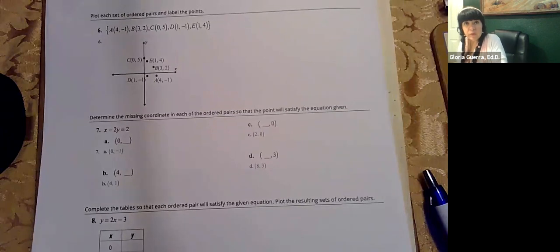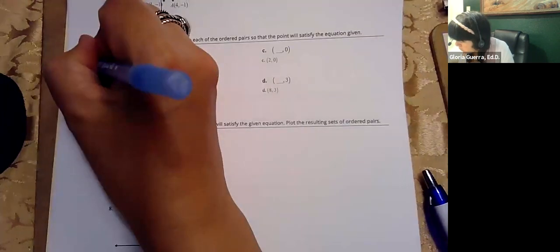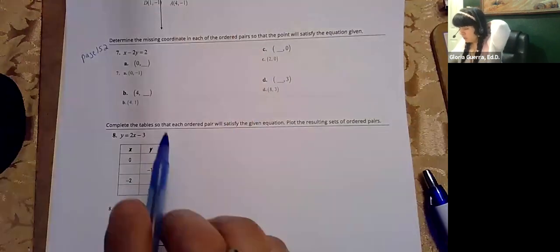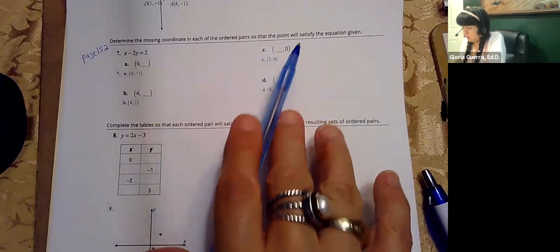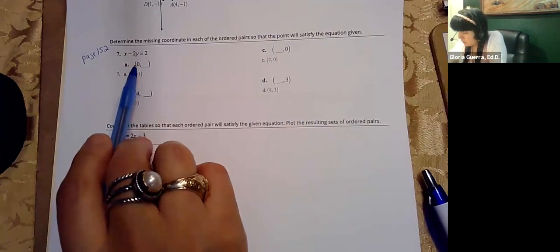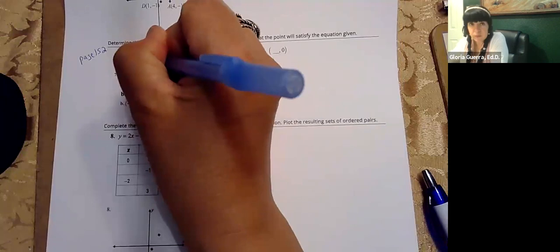And then if we look at number 7, this is on page 152. Determine the missing coordinates in each of the ordered pairs so that the point will satisfy the given equation. So they have here A is 0, and you have this equation. This 0 is the x, because it's x, y.